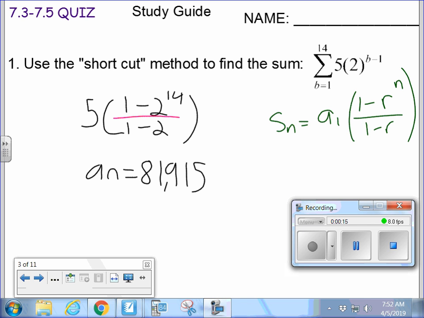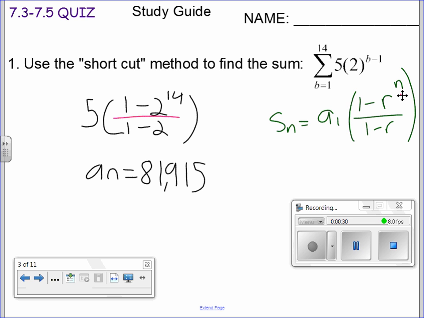Okay, so for the first question, we're supposed to use a shortcut method, which is Sn equals A1 over 1 minus the constant ratio, shortcut 5. The first term is 5, and then there's a 1 in there minus the constant ratio, which is the number 2 in the parentheses.